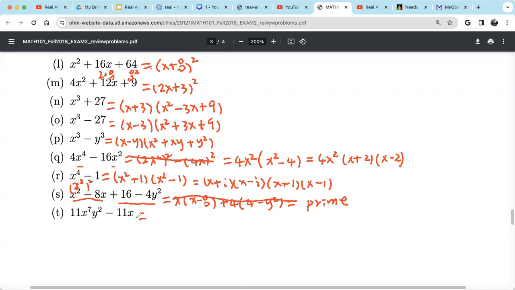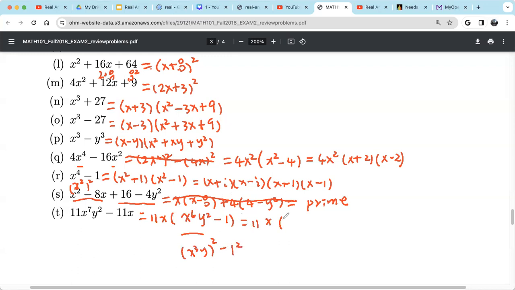Well, let's see this one. First we want to factor out 11x, right? So let's factor out 11x. Then we have x raised to the 6, y squared minus 1. Now, this term can be written as x cubed y squared minus 1 squared.